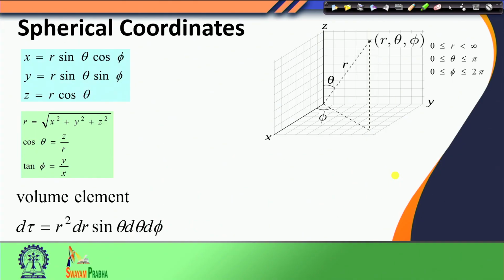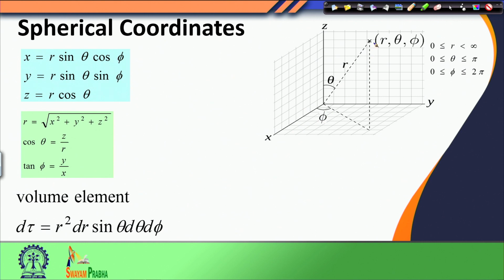the need of converting our coordinate system from the Cartesian coordinate system to the spherical coordinate system. We discussed that when we have a point x, y, z in Cartesian space, we can redefine that point in a different coordinate system r, theta, phi, where r is the distance of that point from the origin, and theta is the angle that the r vector makes with the z axis.